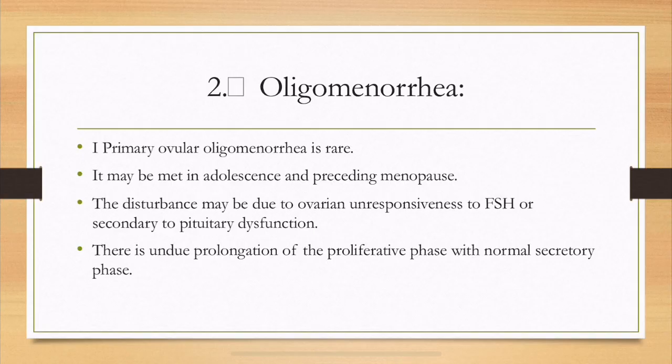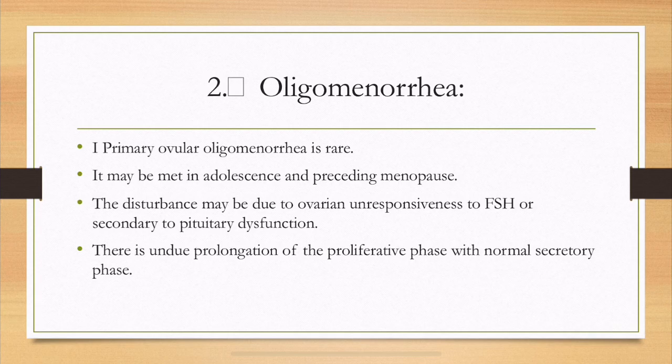Why is this cycle prolonged? It is because the ovaries are unresponsive to FSH, or it is secondary to pituitary dysfunction. Either the FSH is not released, or the ovaries are unresponsive to FSH; either cause can lead to oligomenorrhea.